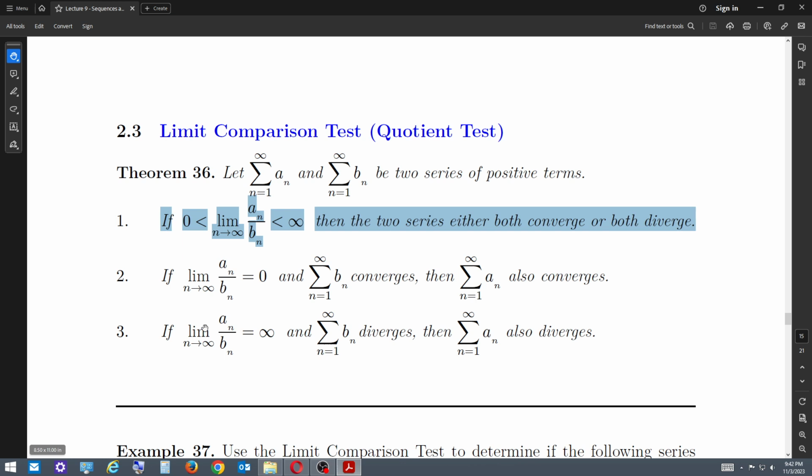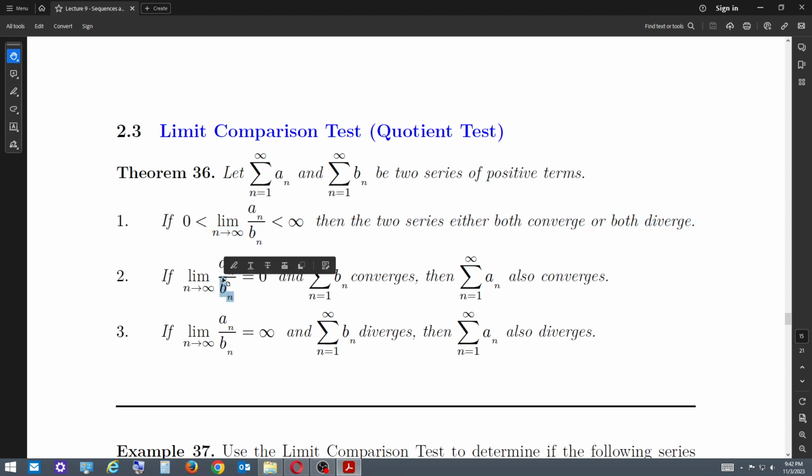But there are two other cases here that you should also bear in mind. If the limit works out to be 0 and the sum of the one in the denominator converges, so if bn is in the denominator and the sum of bn converges, then the sum of an also converges.